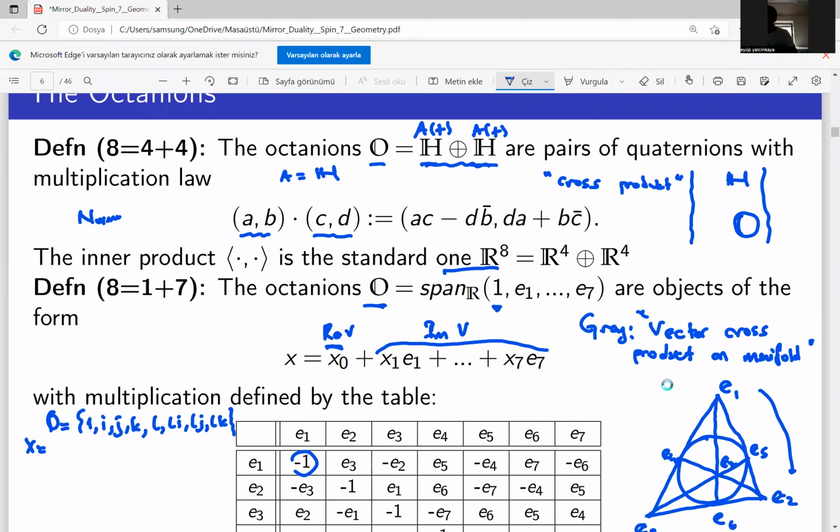You can study it in two ways. One of them is that it contains quaternions plus quaternions. These are two four-dimensional objects, and from here you can see that somehow in Spin(7) geometry you can talk about four-dimensional submanifolds, and it gives us also different meanings, different information here.